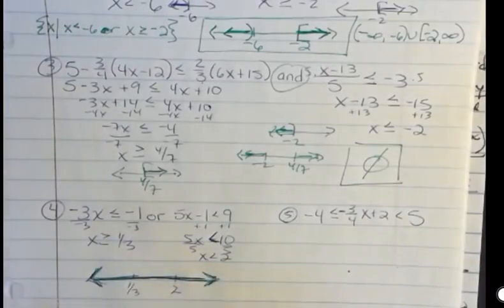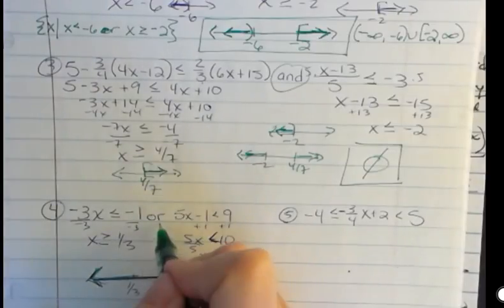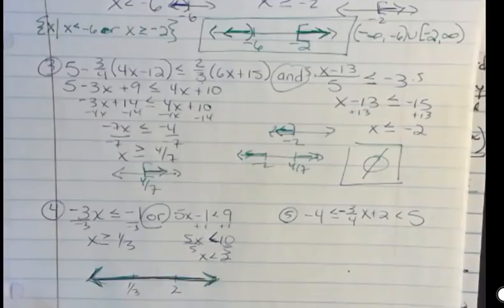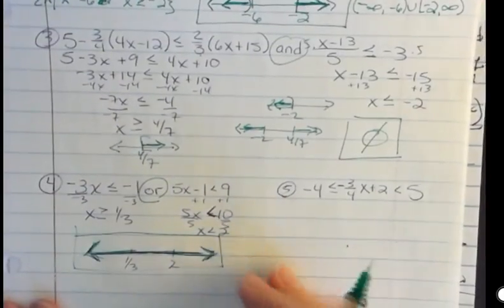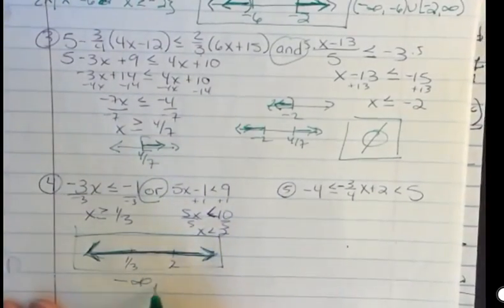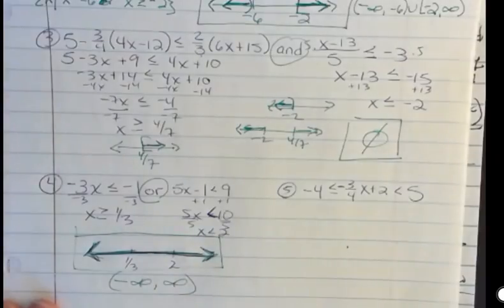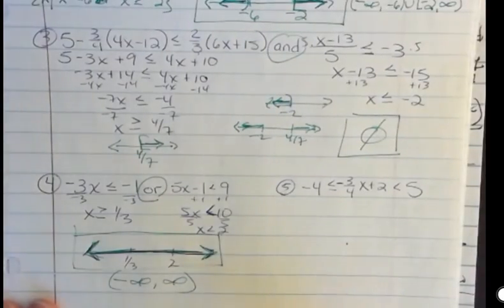I wouldn't need to show any numbers on there, because I'm covering the graph forever to the right and forever to the left, and I'm not asking for overlap, I'm asking for a union. Just put those two parts together, my whole graph looks like this, and my interval notation is just this, right? Going from negative infinity to positive infinity. Of course, no brackets on that.